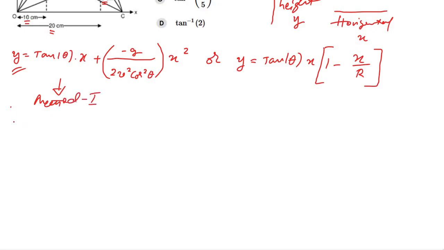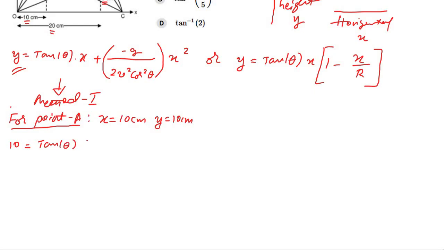Okay, so I'm having two different points, right? So for point A in the given picture, what should I put? I should put x equals 10 centimeter, and how much is y? So y is also 10 centimeter. So once I use these two points in my upper equation, I get 10 centimeter, which equals tan theta multiplied by 10.